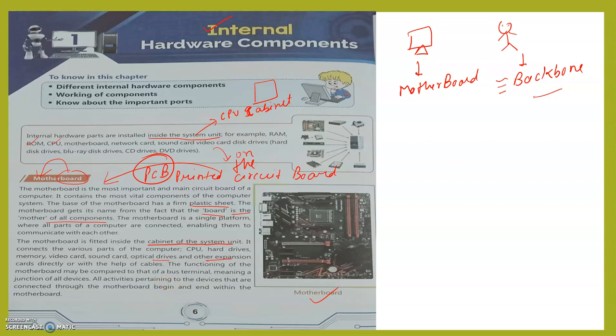The purpose of the motherboard is that it provides the junction or a particular environment in which the computer's internal hardware components are connected in a manner in which they can communicate with each other. All the activities pertaining to the devices connected through the motherboard begin and end within the motherboard. Whatever activity you start, it starts from the motherboard and it ends within the motherboard.